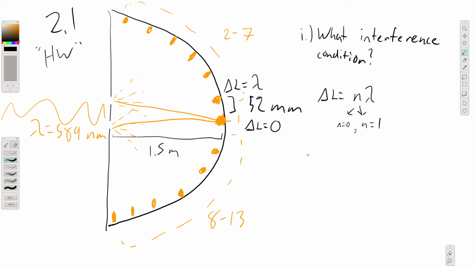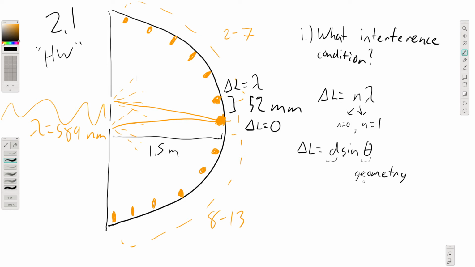We then know, based on the geometry of the double slit experiment in general, that our delta L is going to be equal to d sine theta. This gives a relationship between the size of our slits and our theta, which is our geometry piece: how up or down from the slits we've let our beams travel.